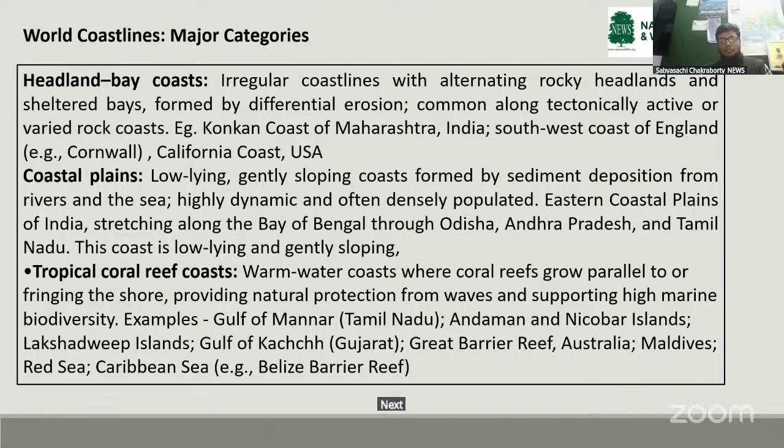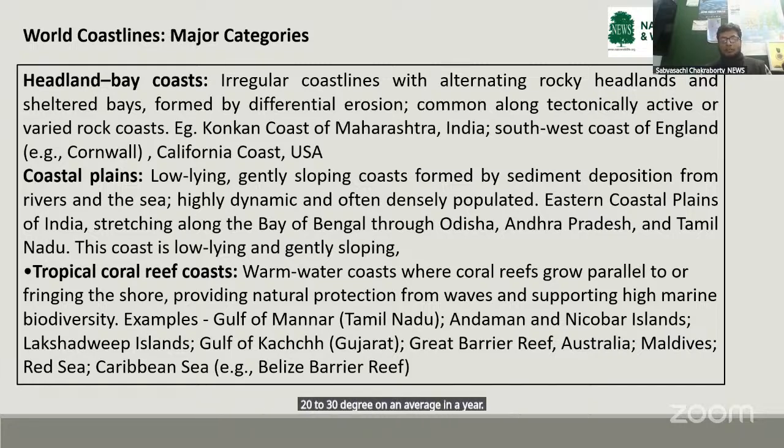Next is the tropical coral reef coast. These are mainly warm water coasts. They are found between the Tropic of Cancer and the Tropic of Capricorn, where the temperature is around 20 to 30 degrees on average in a year.